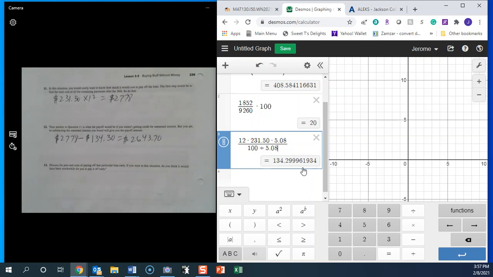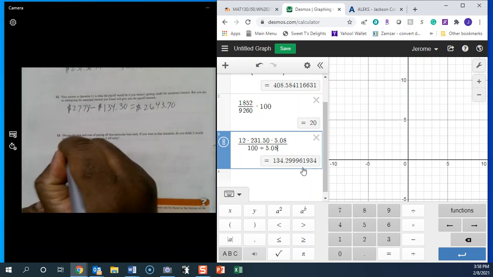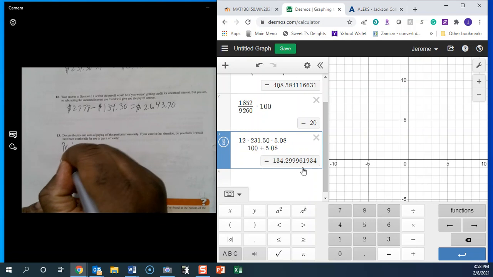Now, number 13, discuss the pros and cons of paying off that particular loan early. If you were in this situation, do you think it would have been worthwhile for you to pay it off early? Now, here's the thing with that. I'm going to do one pro and one con.